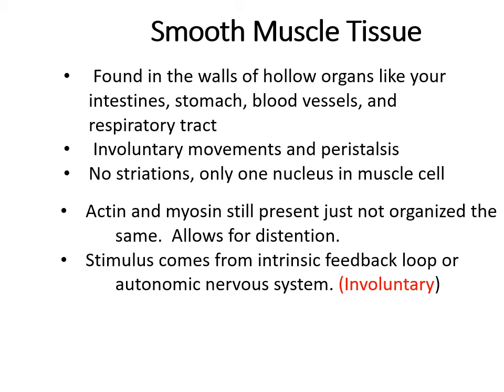The autonomic nervous system innervates your blood vessels with nerves to vasoconstrict them or vasodilate them. It innervates your respiratory system to bronchodilate your bronchial tubes when you need more air to get into your lungs. Say when you're running and you need more air to get into your lungs.